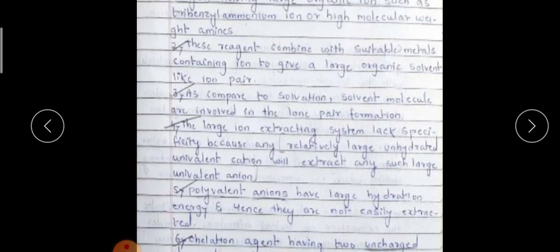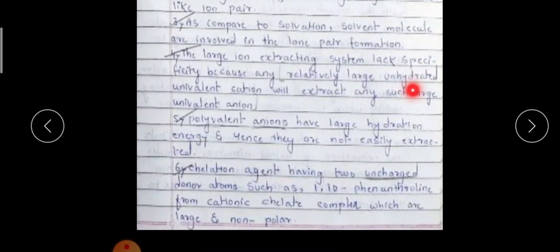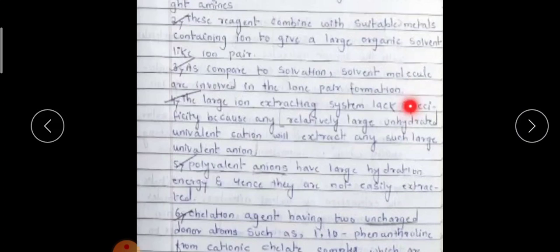Polyvalent anions have large hydration energy and hence they are not easily extracted. Chelating agents having two uncharged donor atoms, such as 1,10-phenanthroline, form cationic chelate complexes, which are large and non-polar.